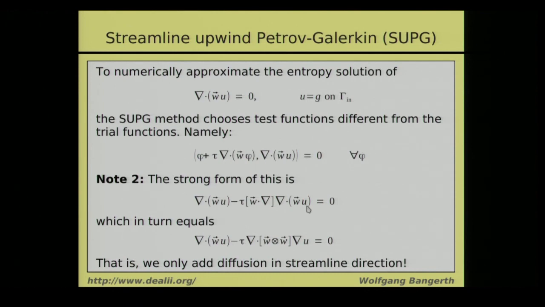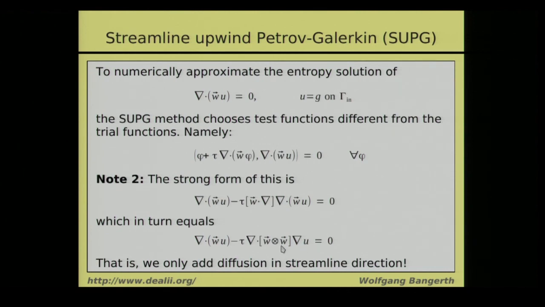And I can reformulate this if this w is a divergence-free vector field in the following way. Namely, this is minus tau divergence of w cross w, so that's the outer product, times gradient u. Now, if it wasn't for this factor in here, if this was the identity matrix, so this is a d by d matrix, okay? If it wasn't for this factor here, I would have divergence of gradient, that's exactly the Laplace operator, and I would have the artificial viscosity formulation.